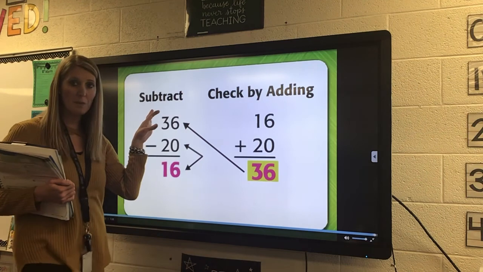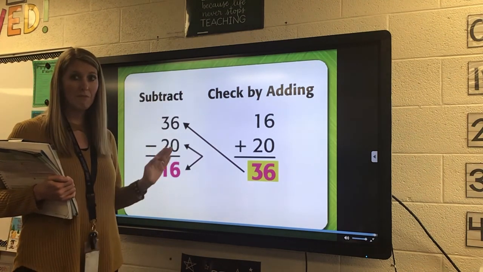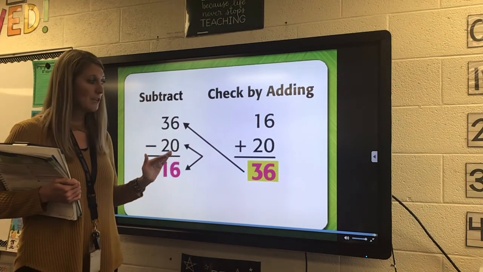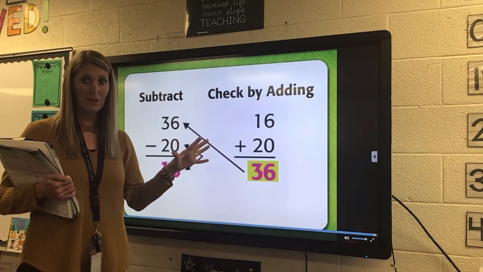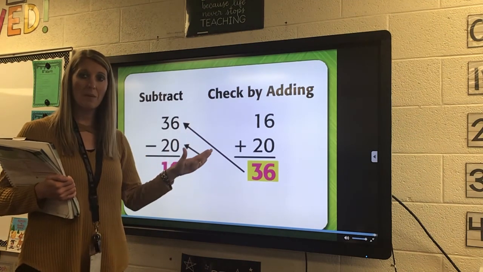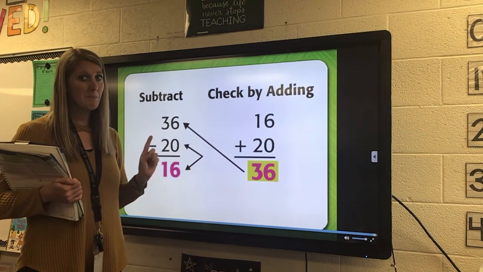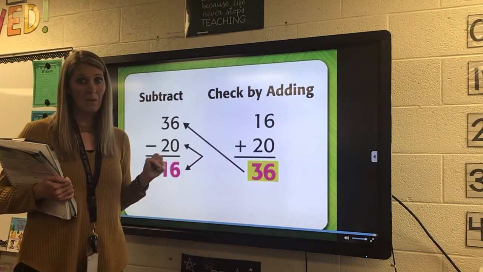Now, this is your parents, this is your brother and sister, so it's like a fact family. So if you can subtract, you should be able to add them and use the same numbers and get the same answer. If you can't do that, then you know you did something wrong, either subtracting or even adding, okay?